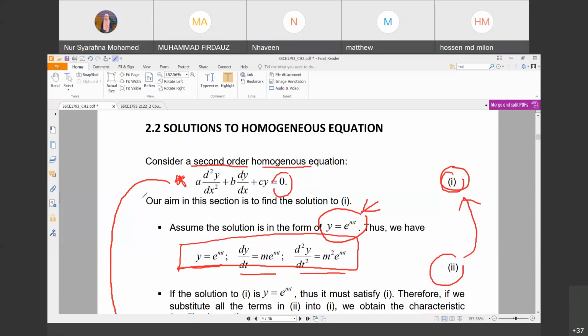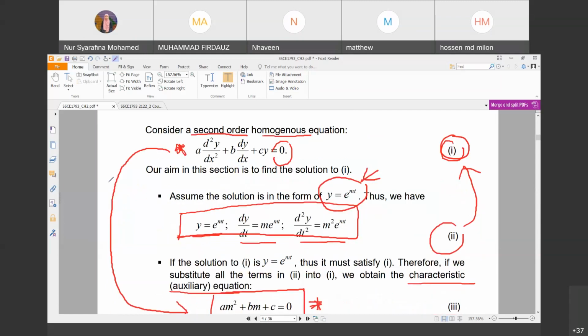So just substitute into the second order equation here. If the solution is y equals e^(mt), then it must satisfy the equation. Therefore, if we substitute all terms into the equation, we will obtain the characteristic equation here, which is a quadratic equation.